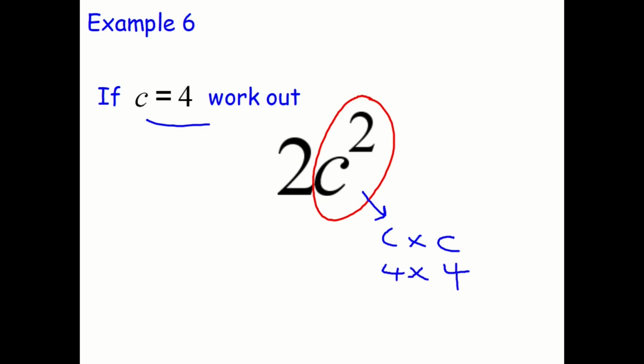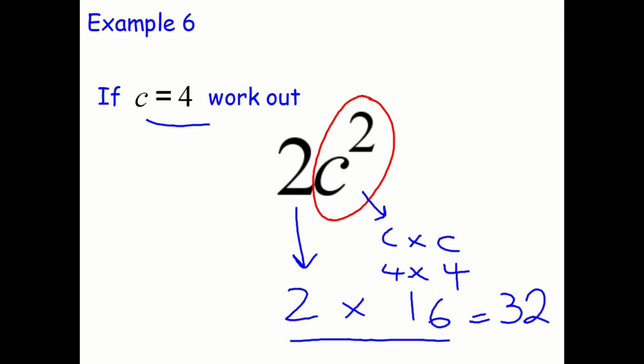So you do that bit first, and that gives you 16. Then you do your multiply by 2 bit. So 2 multiplied by 16 gives you your final answer of 32. So you've got to do the c squared bit first before you multiply by the 2.